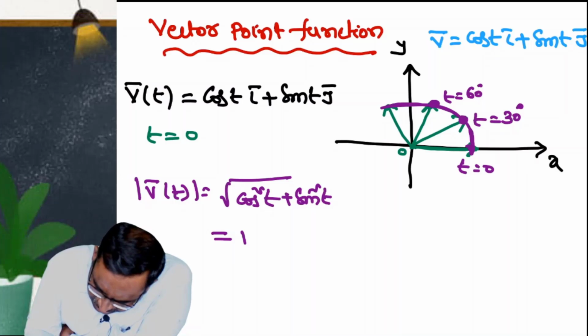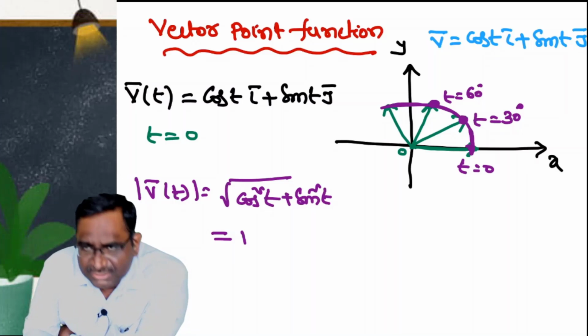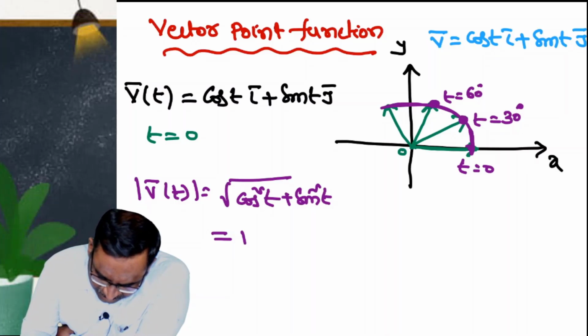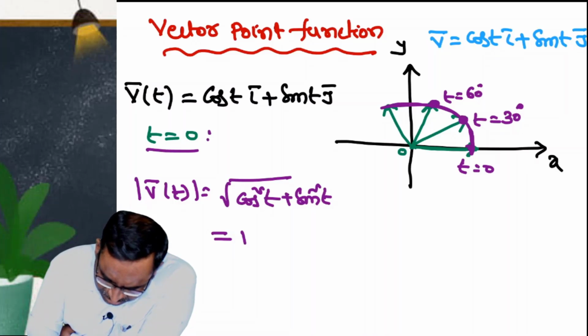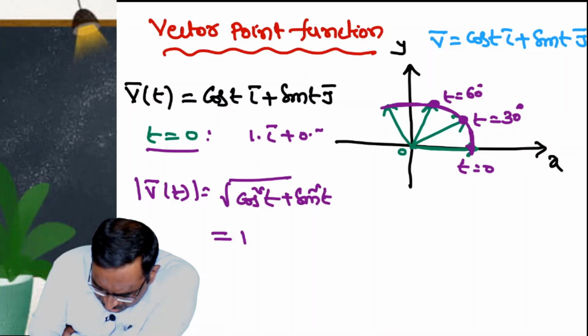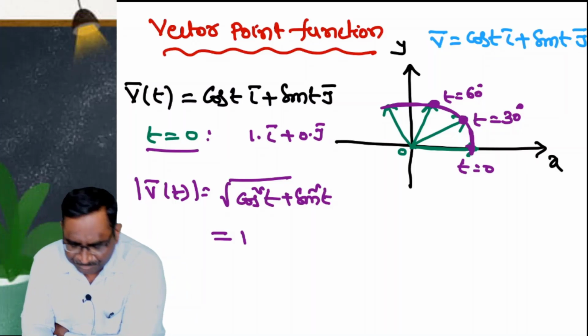Suppose when t is equal to 0, what is going to happen? Cos 0 is 1. So when t is equal to 0, this is 1 times i bar plus 0 times j bar.